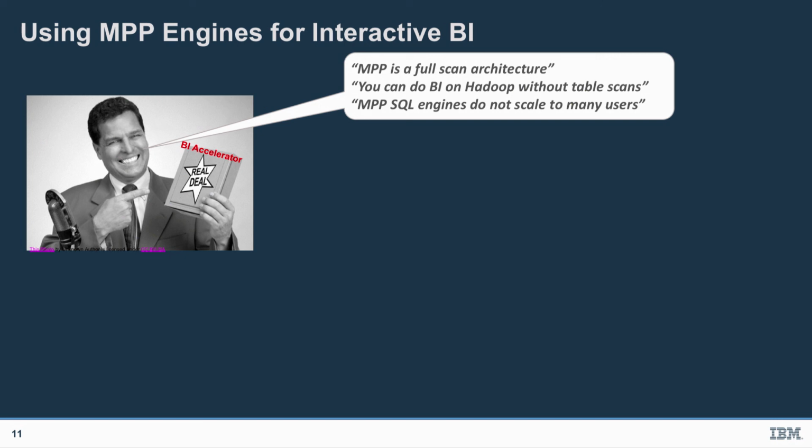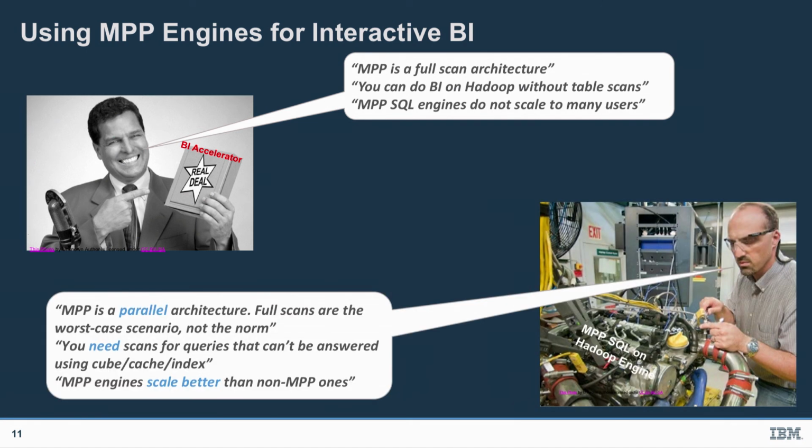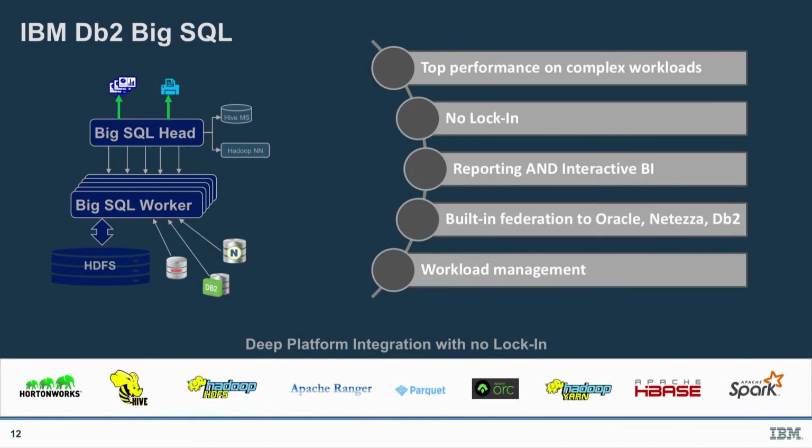If the engine, in addition to being MPP, like Hive LLAP or like Big SQL, also has materialized views or indexes or caches, the MPP architecture will not be used when you are using these technologies. It will only be used when you have to run a query that does require a parallel join or a parallel scan. So whenever you hear stuff like that, better trust the engineer rather than the salesman.